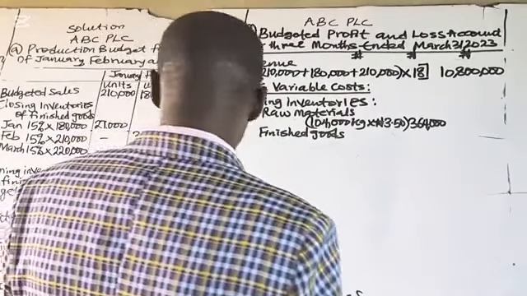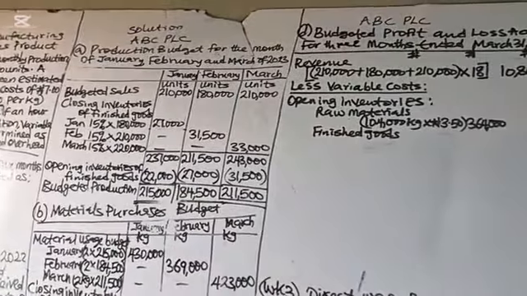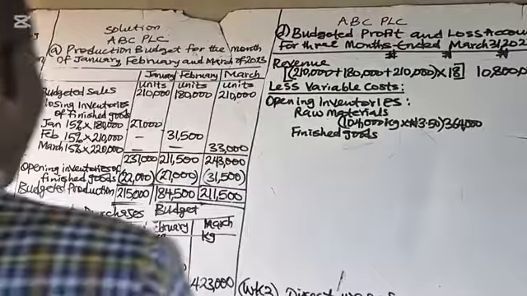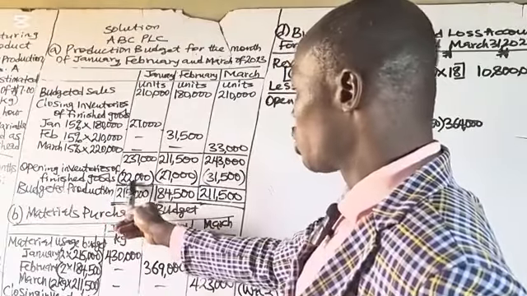Inventories of finished goods. And these were used in the production budget. From our production budget, we have the opening inventories, 22,000 units.